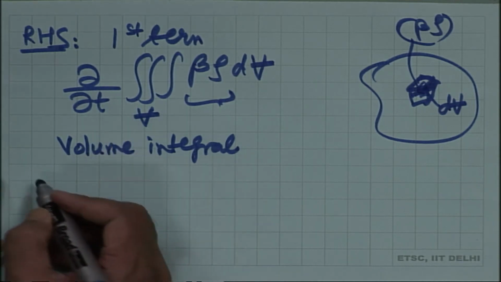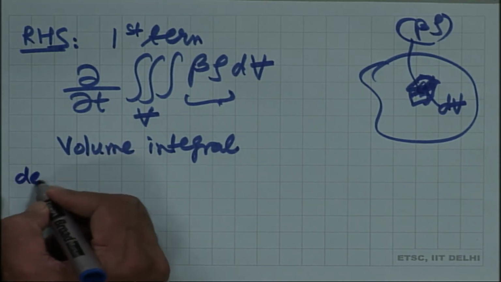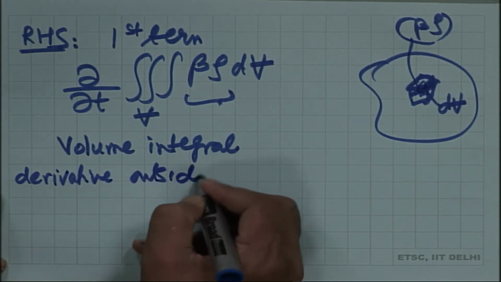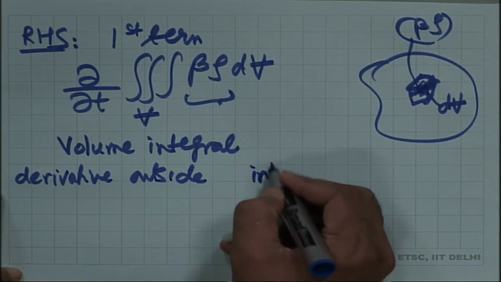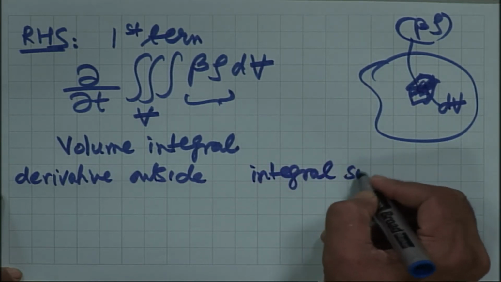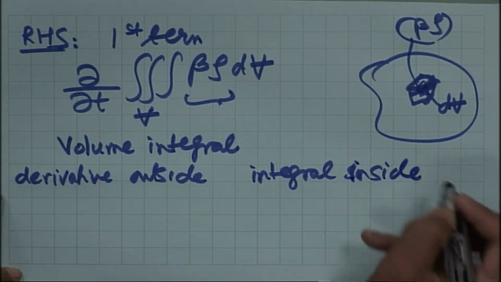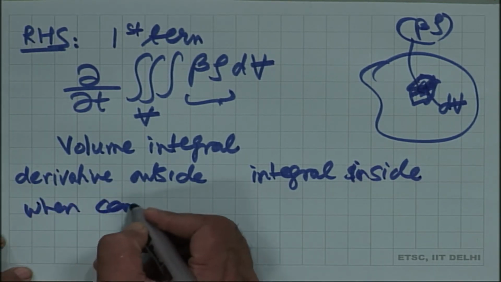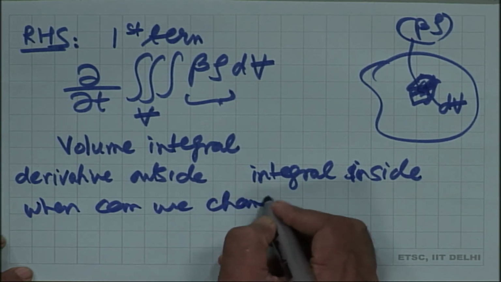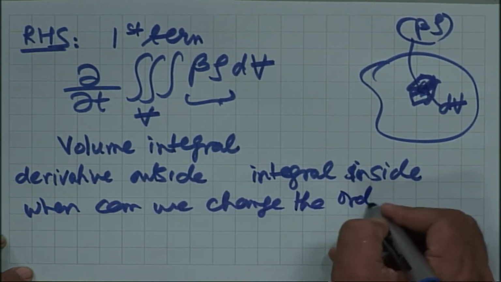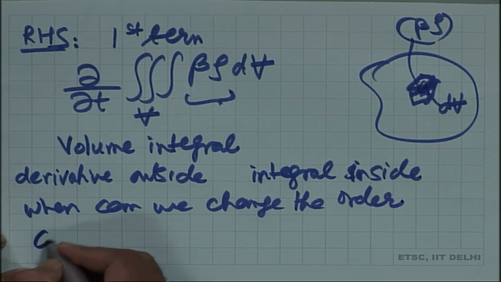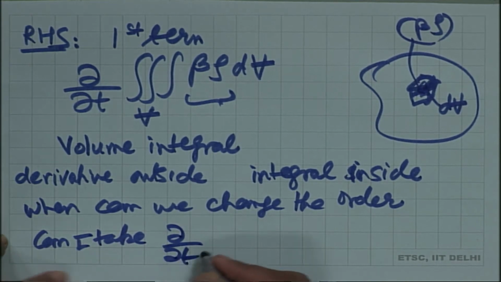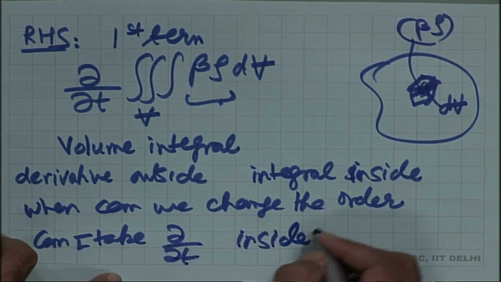First thing you realize, you have a derivative outside and an integral inside. Now, when can we change the order? That means I am asking you, can I take d by dt inside the integral?